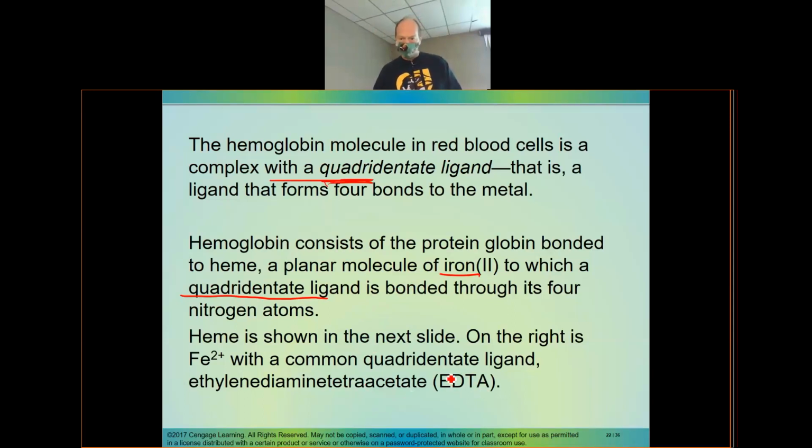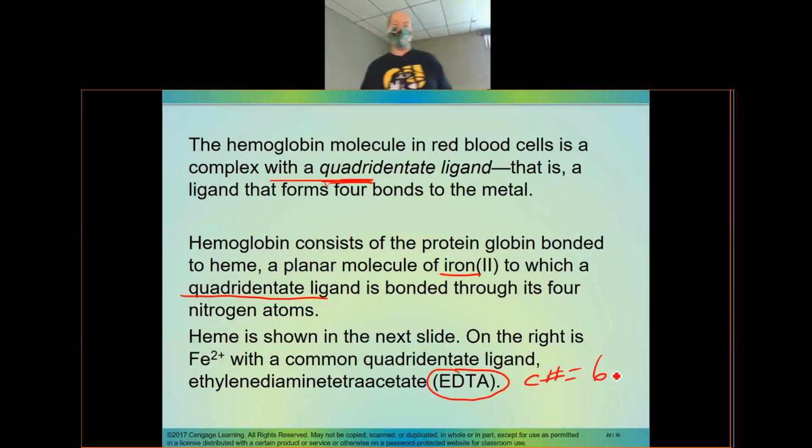When we did the EDTA experiment, EDTA, ethylene diamine tetraacetic acid, or tetraacetate, because we put it in pH 10 and removed all of the H's, we see that this has a coordination number of 6.